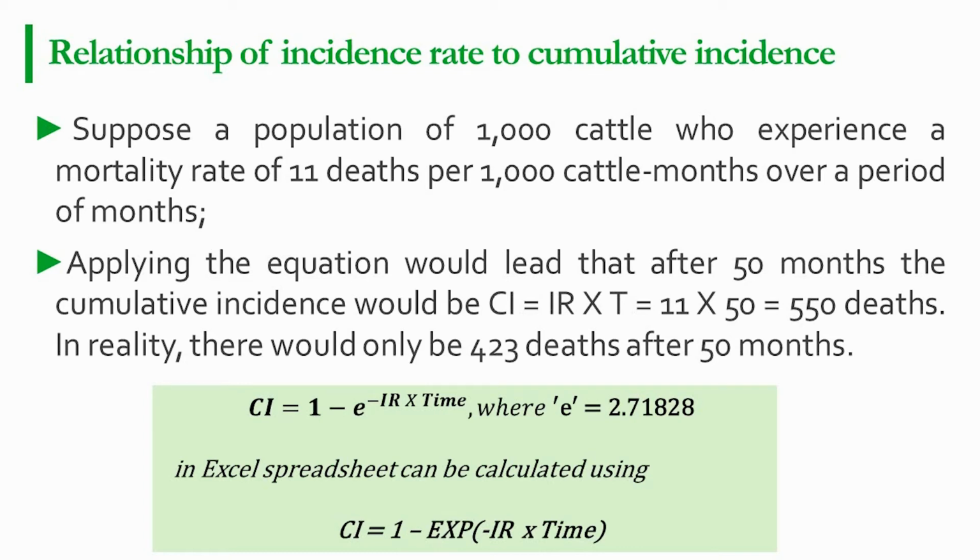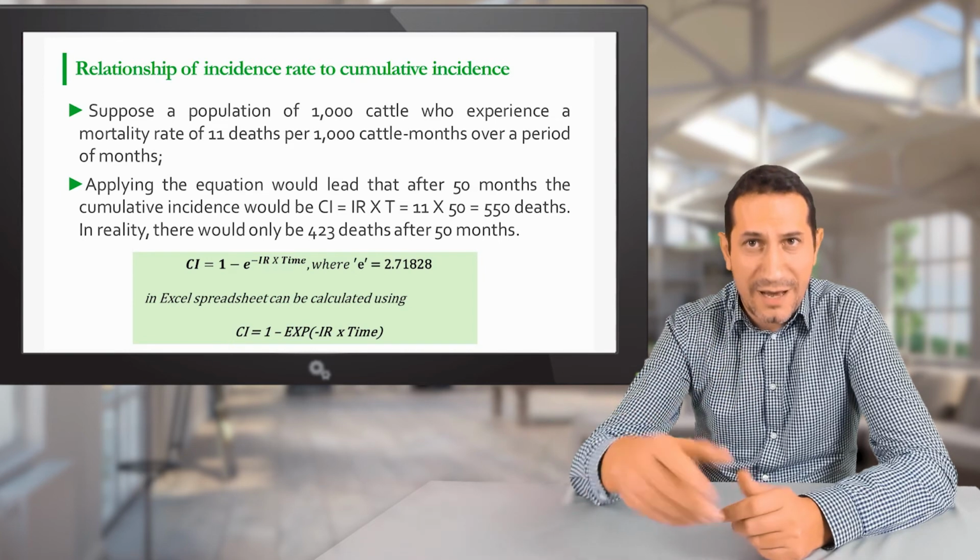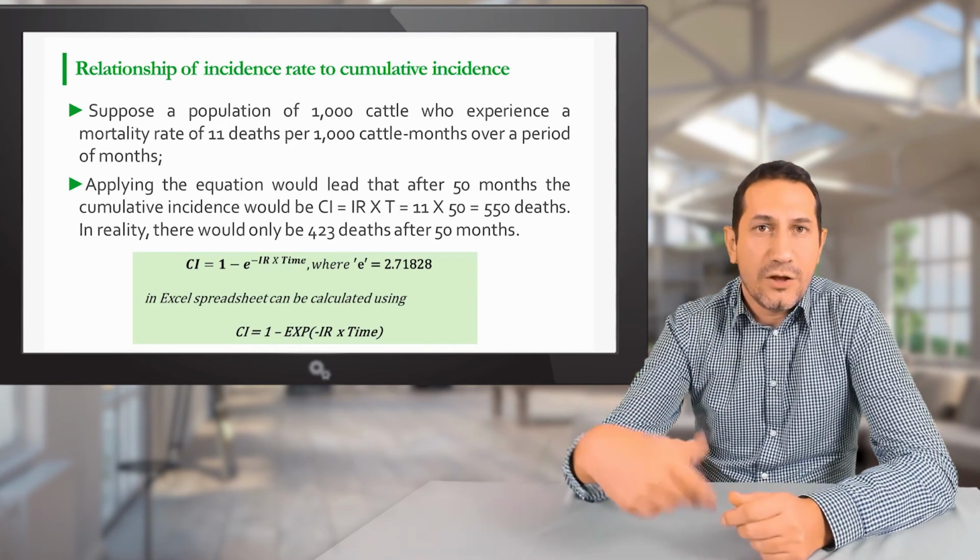And that's because this equation fails to take into account the fact that the size of the population at risk declines over time. After the first month, we would have 11 deaths, and the population in that month would be 989, so it's 1,000 minus 11, and not 1,000.